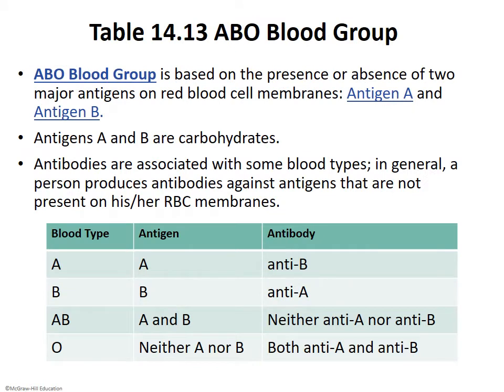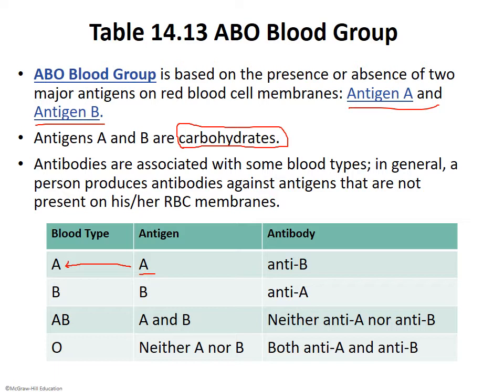When we look at the ABO group systems, there are basically only two major antigens, antigen A and antigen B. I don't care that you know that these are carbohydrates, but that might come in handy down the line, though I'm not going to ask you about it. What we're going to look at is if I have antigen A, I will be referred to as A blood type.